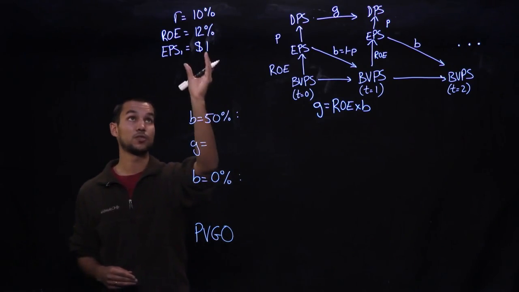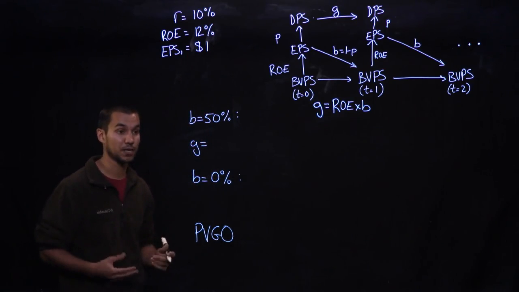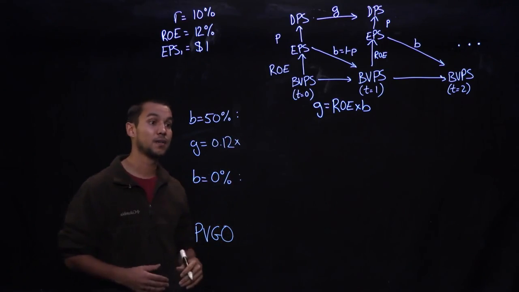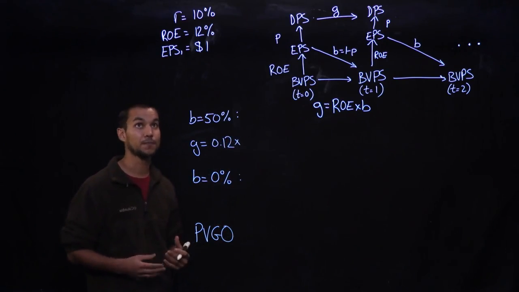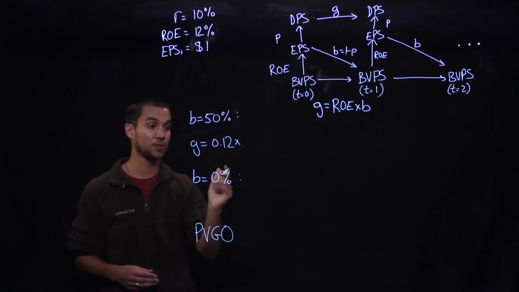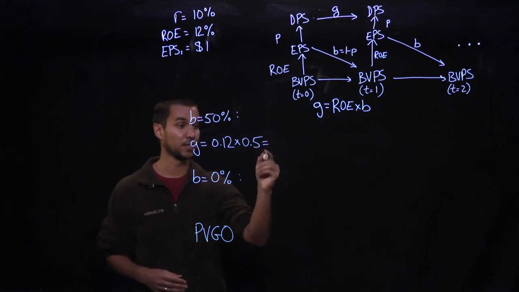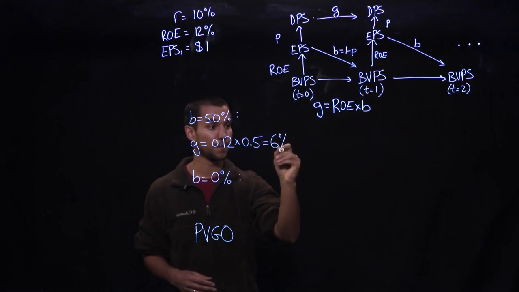ROE, which we're told is 12% per year, so 0.12, times the plowback ratio. And the plowback ratio is 0.5. And so the growth rate of these dividends is going to be 6% per year.